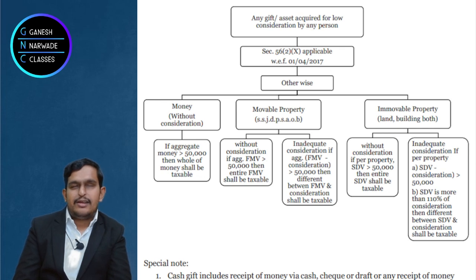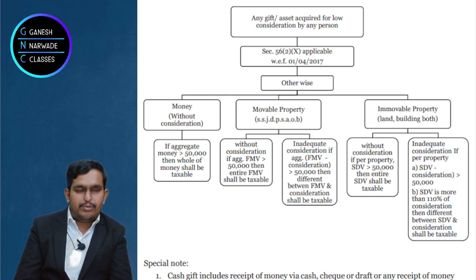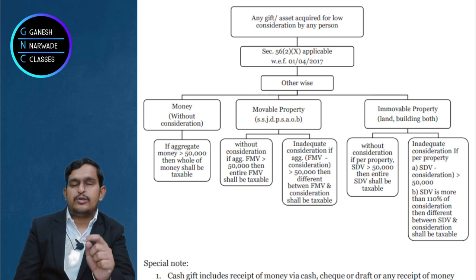Okay. But suppose sometimes movable property is sold for less consideration. Suppose, for example, I went to my friend's jewelry shop. He said, Ganeshji, this jewelry is worth 1,50,000 rupees. But I know you so well, I am very thankful to you, and I'll give this 1,50,000 worth jewelry for 50,000 to you.